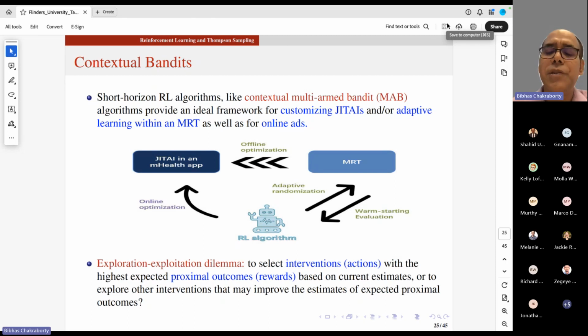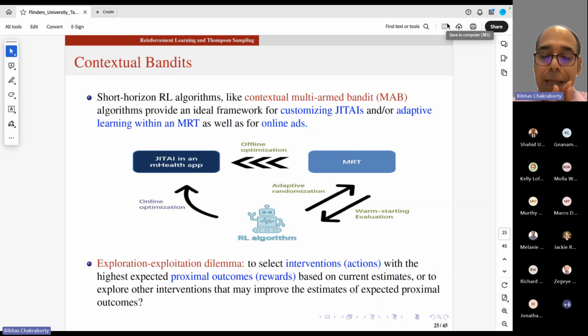A common feature of all these algorithms is the so-called exploration-exploitation dilemma, which basically means at any given point, the algorithm is keeping track of the rewards associated with different actions or interventions from past experiences.